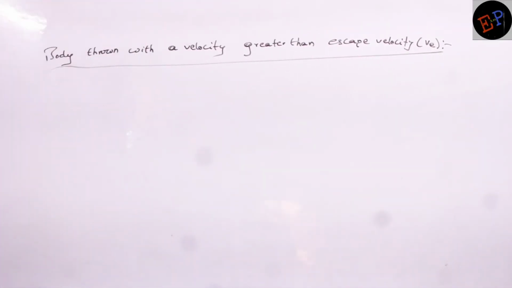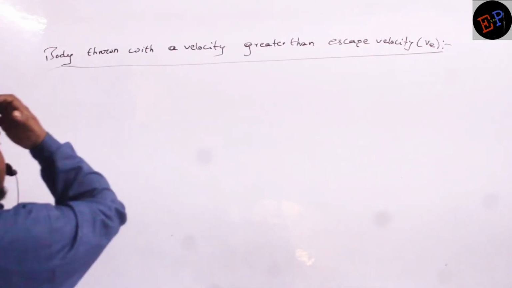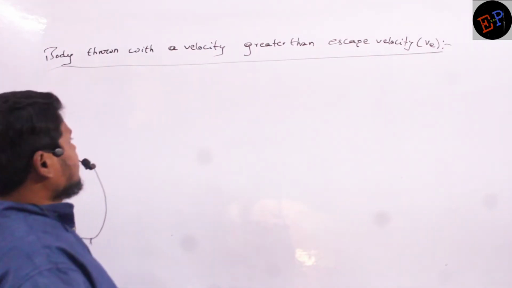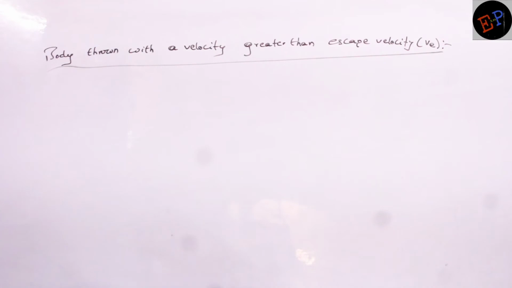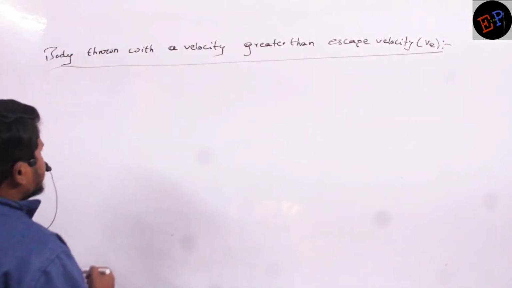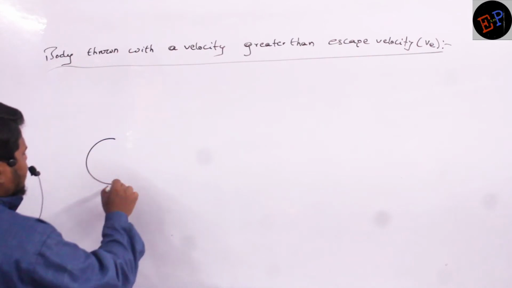Okay, so let us see the next concept: a body is thrown with a velocity greater than escape velocity. What is meant by escape velocity? Already we have studied it. For example, this is a planet.